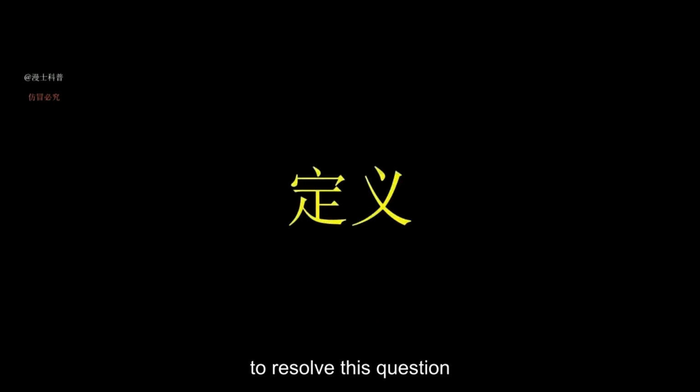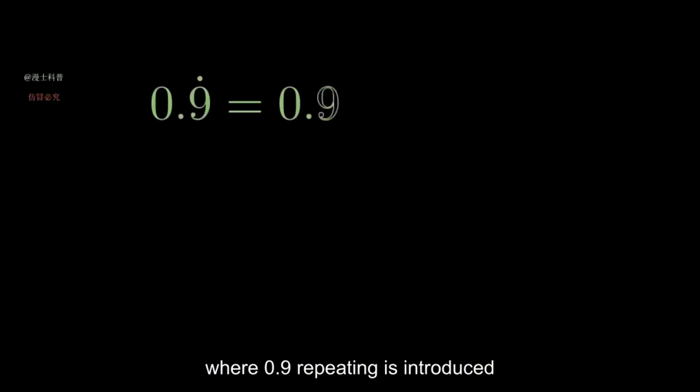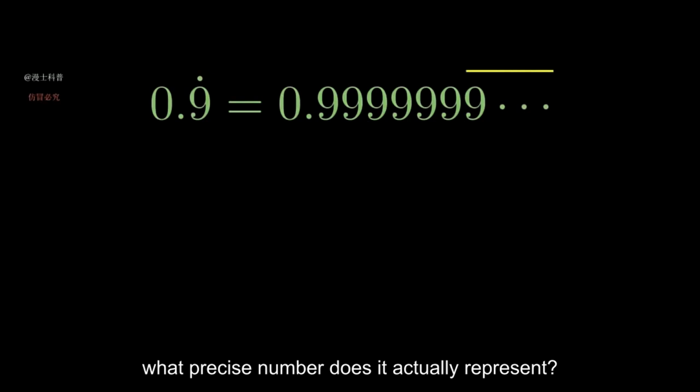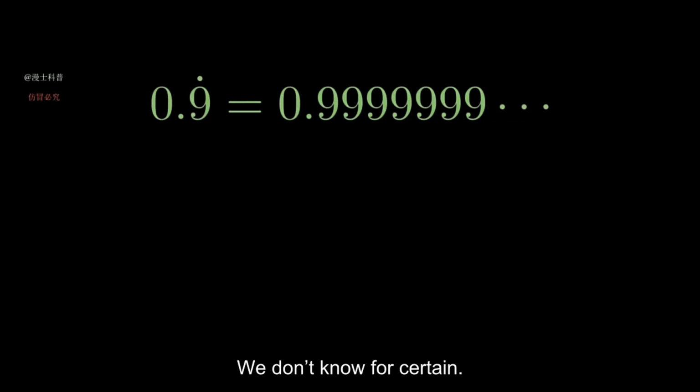In truth, to resolve this question, you must trace back to the definitions. What does that mean? In the informal notation used in elementary school, where 0.9 repeating is introduced, within the rigor of mathematics, what precise number does it actually represent? We don't know for certain.